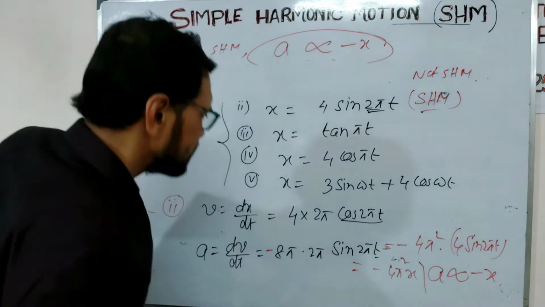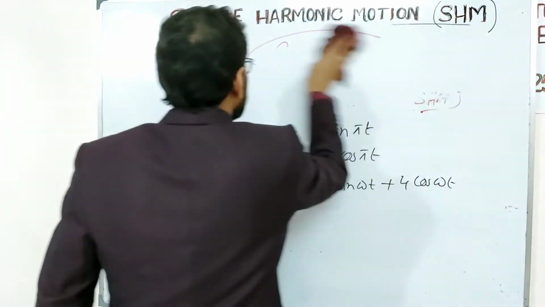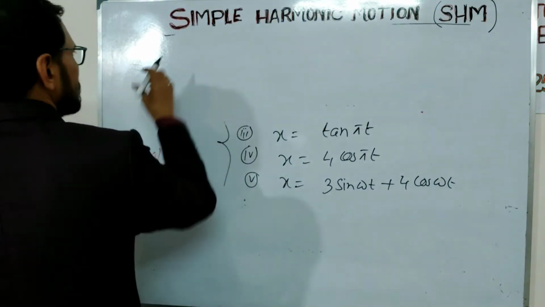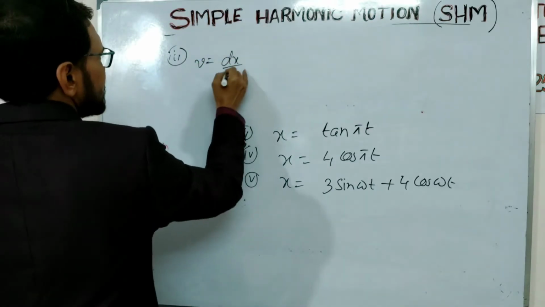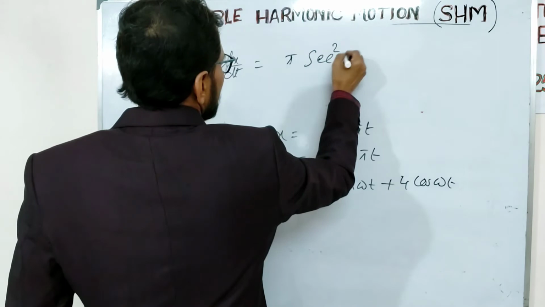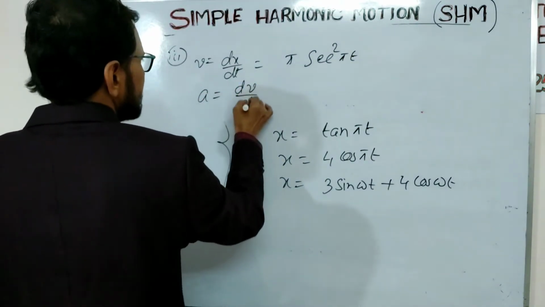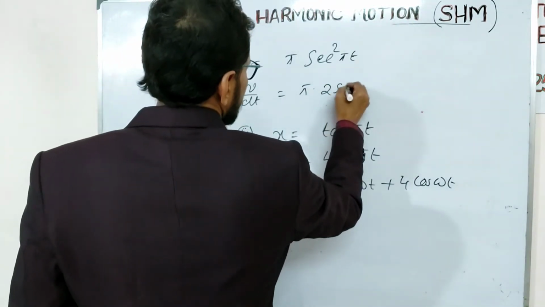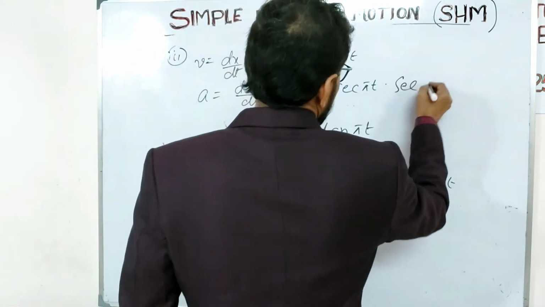Now for 3, velocity equals dx by dt, which is pi sec square pi t, and a equals dv by dt, which is pi into 2 sec pi t into the derivative of sec pi t.